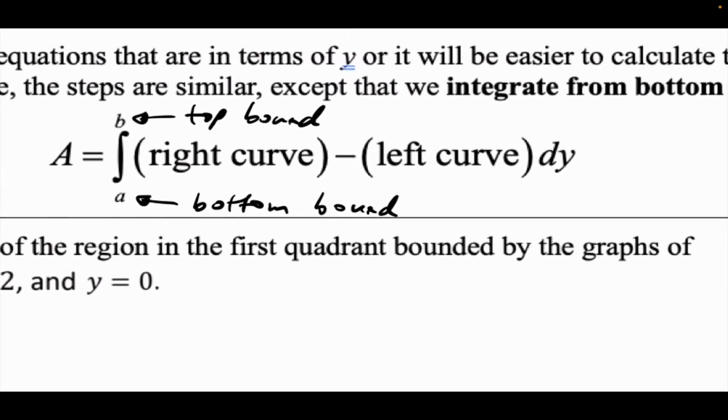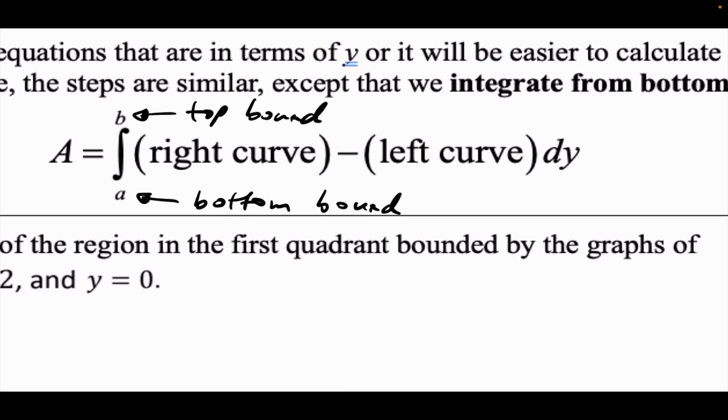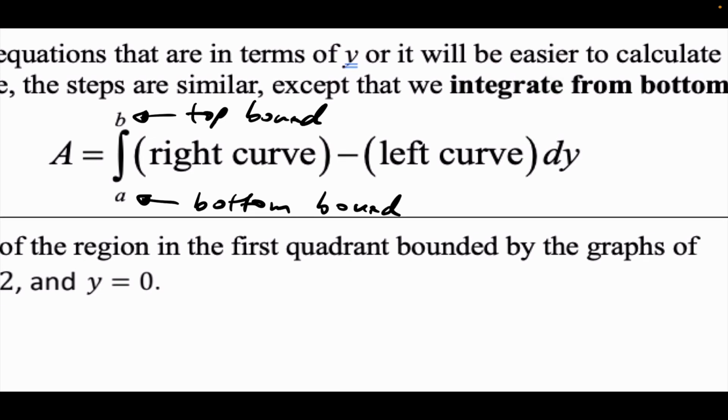So when we find area, we're not finding area under the curve anymore. We're going from the right curve to the left curve. It's not top minus bottom for these guys. And then the bounds aren't left to right. They're bottom to top, okay?